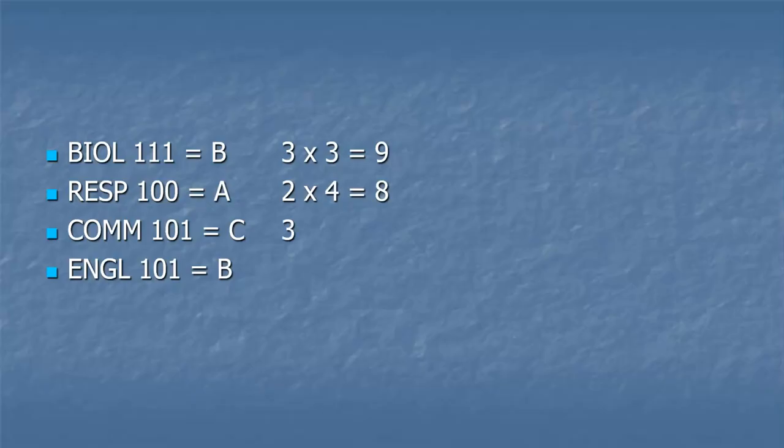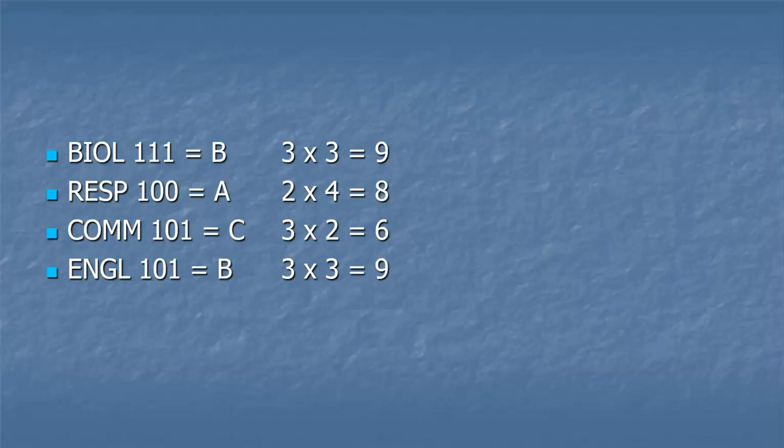Your Comm class is worth 3 credits. You got a C, which means it's worth 2 quality points. 2 times 3 is 6. And your English 101 is worth 3 credits. You had a B, again worth 3 quality points.